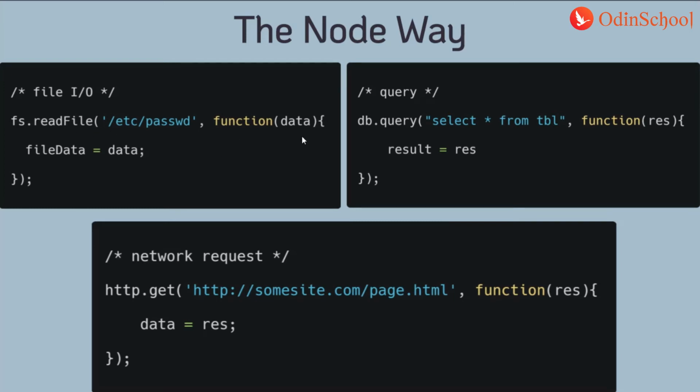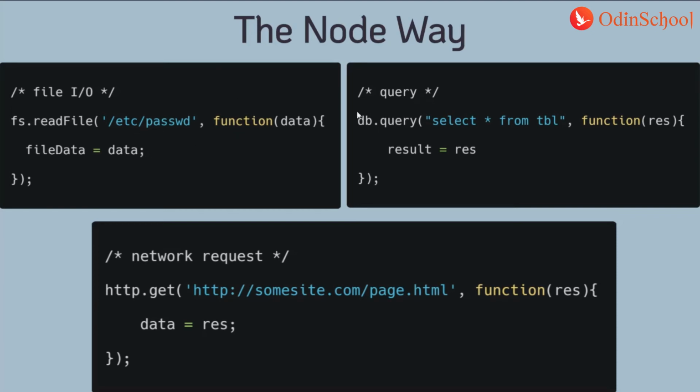What this way of writing the code does is, let's say the node interpreter comes at this line and sees that we need to read a file. As soon as this is executed, node continues executing the next lines after that. And this function will be called automatically as soon as the file's data is read and ready.